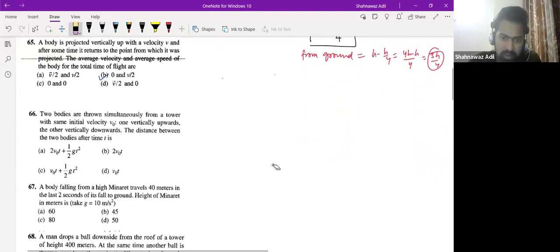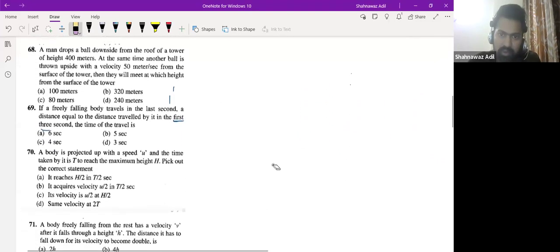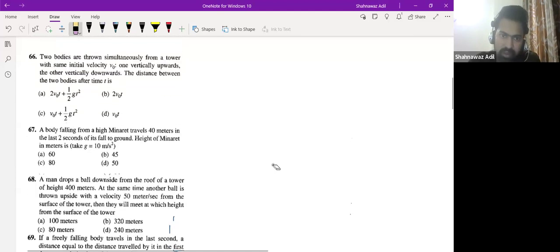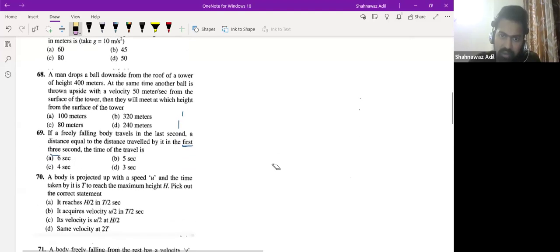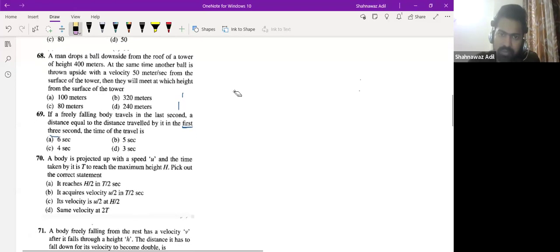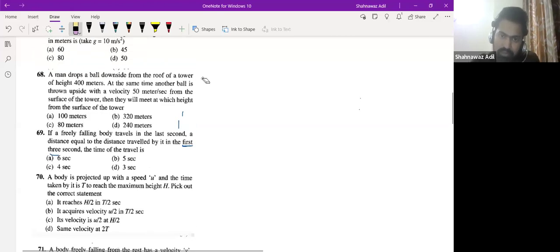Now let us find some other interesting questions. So these are the questions, right? At the same time, another ball is thrown upward with a velocity of 50 meters per second from the surface of the tower.